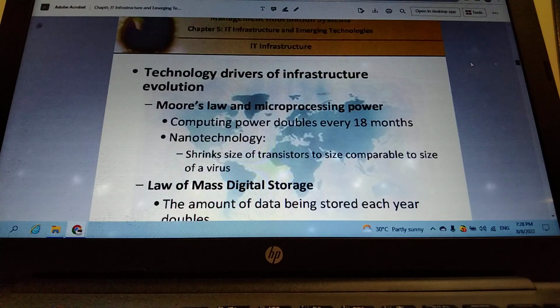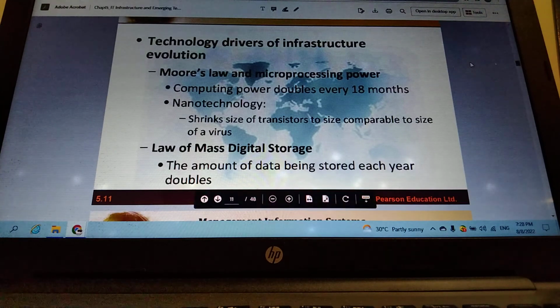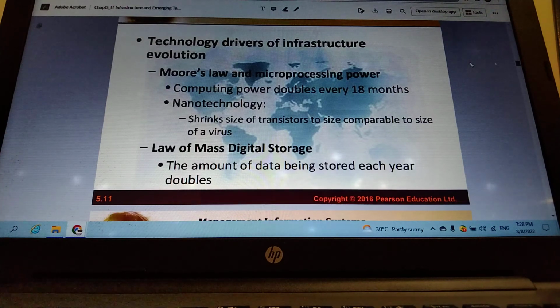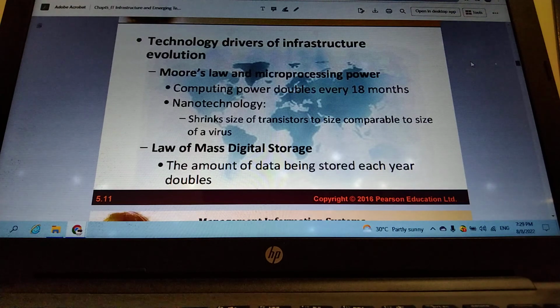Moving on, let's discuss the technology drivers of infrastructure evolution. In other words, what are the drivers behind these infrastructure changes over the many years? One of the technology drivers is, of course, Moore's law and microprocessing power. As we know, the computers that we have today are much more powerful than we used to have many years ago or many months ago.